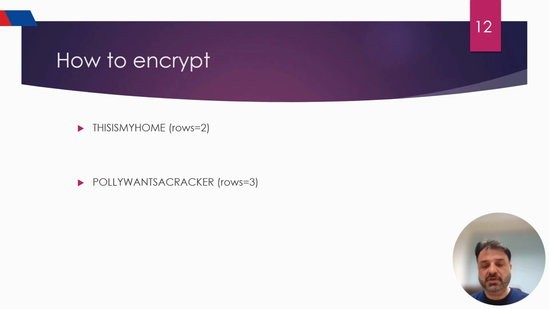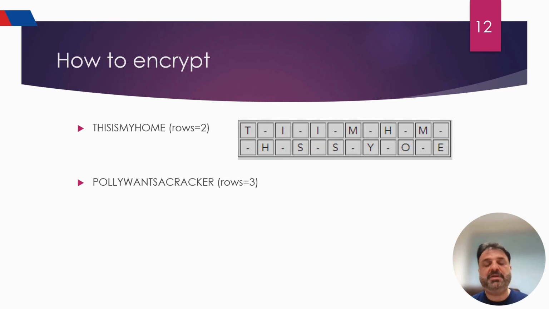Also, to encrypt a message we must use the same number of rows. For example, for "this is my home", we use 2 rows and read it like this: TIIMHMHSSYOE.